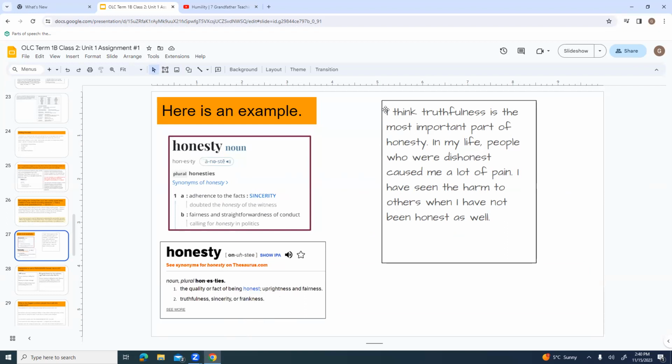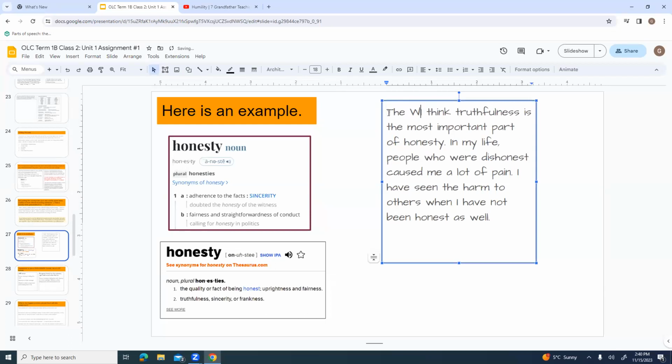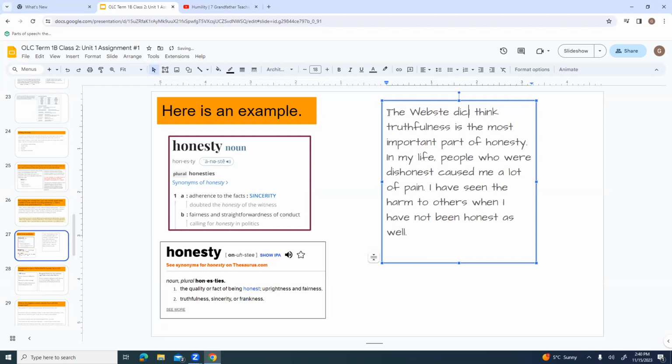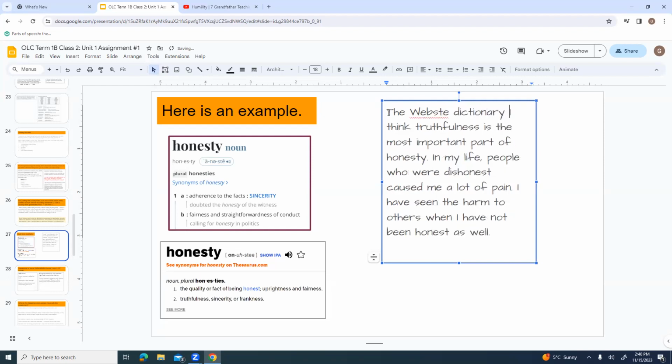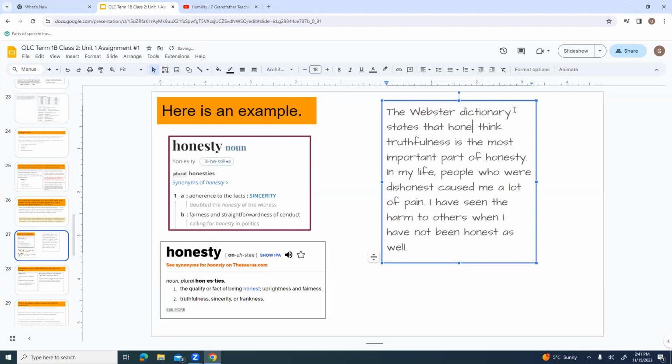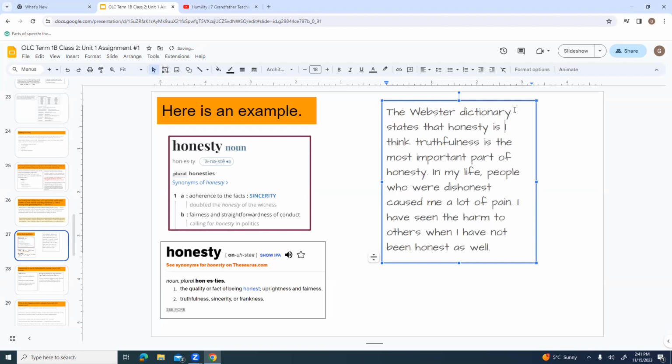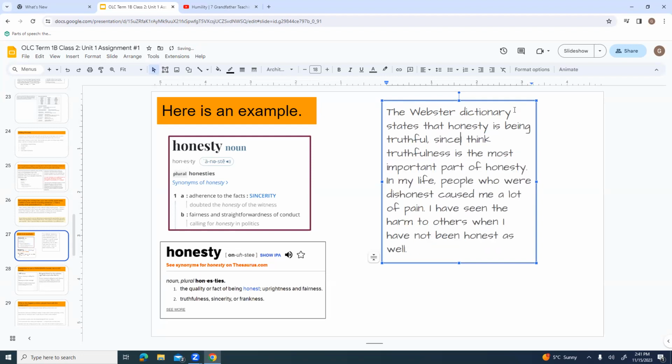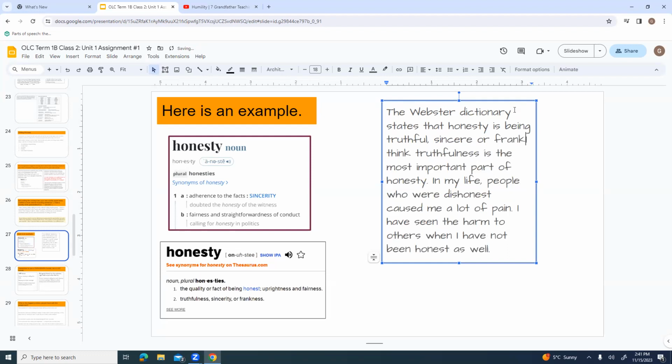So I could even, if I wanted to, start off with saying, and I'm not sure what dictionary this was, but I'm going to say Webster's for right now, the Webster Dictionary states that honesty is being truthful, sincere, or frank. But I think truthfulness is the most important part of honesty.